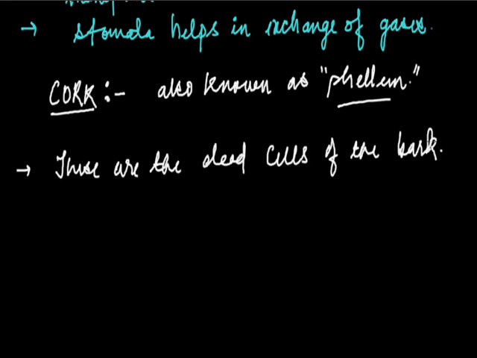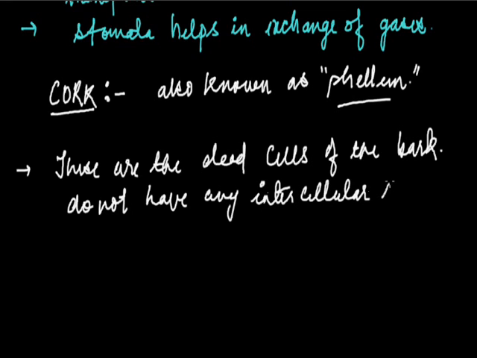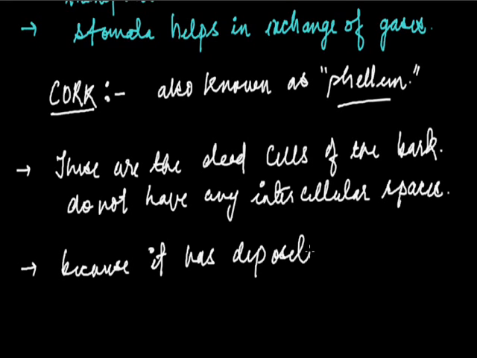So the cork is made up of dead cells with thick walls and they do not have any intercellular spaces. Why? Because these cork cells deposit a waxy substance called suberin.